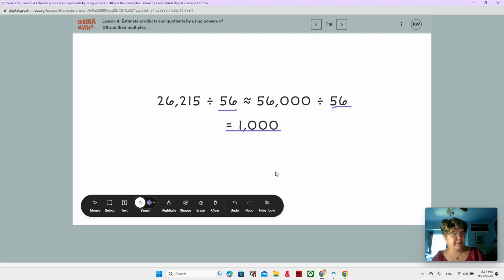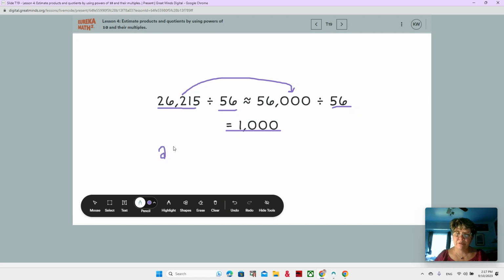Is that a good estimate? What do you think about that? Not so good, right? Do you see why? 56,000 is almost 2 times as much. Yeah, he really made it gigantic there. Yeah, it's quite large. What would be more reasonable? What could we do that's more reasonable? Think about 26,000.